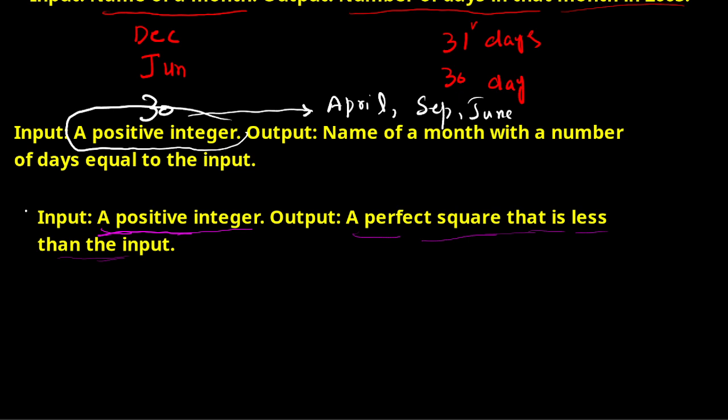Let's take the positive integer 10. Now the output should be a perfect square that is less than your input value. So you have to list all the perfect squares that are less than your input value. 0 is a perfect square that is less than your input value 10. 1 is also a perfect square less than 10. 4 is also a perfect square less than 10, and 9 is also a perfect square less than your input value.